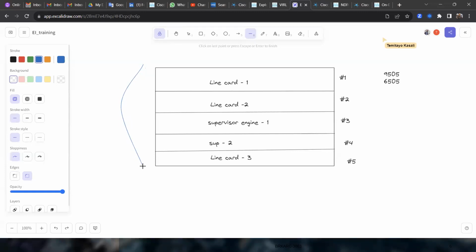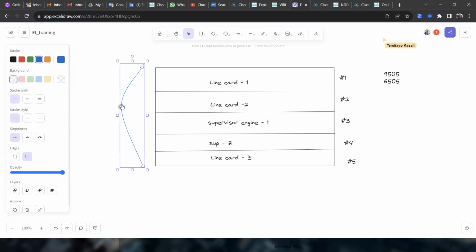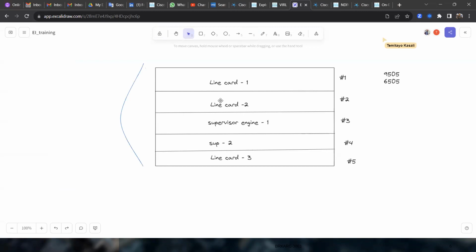So this line card that you are seeing here may be in the distribution layer, maybe in the core layer, because generally in the access layer we are not connecting line cards plus supervisor engine. In the access layer, you may have a 3000 series switch, or a normal single line card switch, etc.